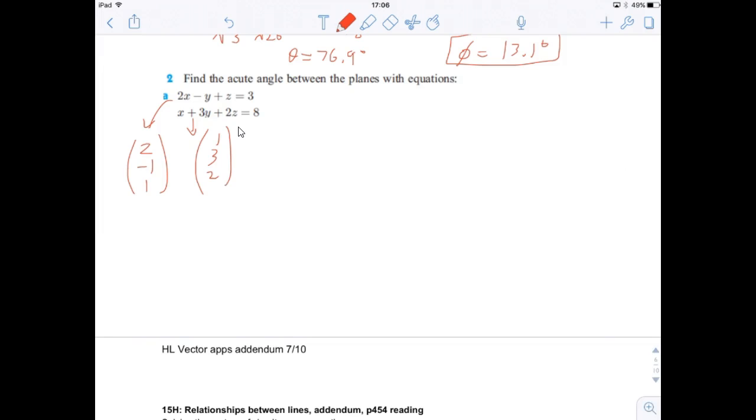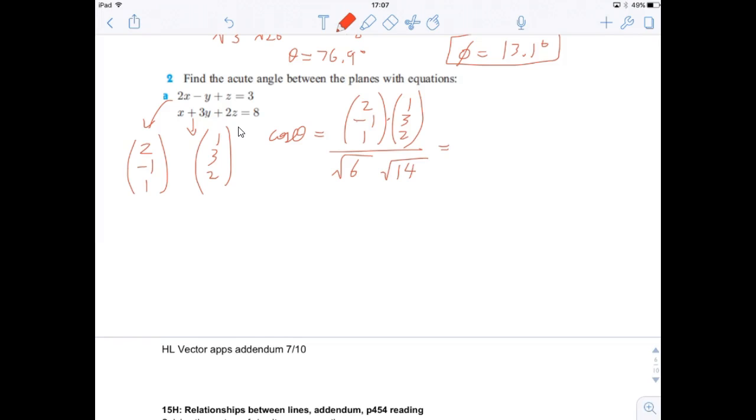Then we're going to use the scalar product again to evaluate the ratio between these two. The denominator would be the lengths of each one. So 4 plus 1 plus 1 is square root of 6. 1, 3, 2 would be 9 plus 4 plus 1, which is 14.